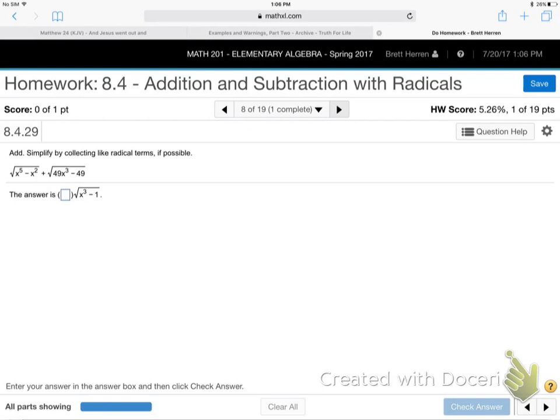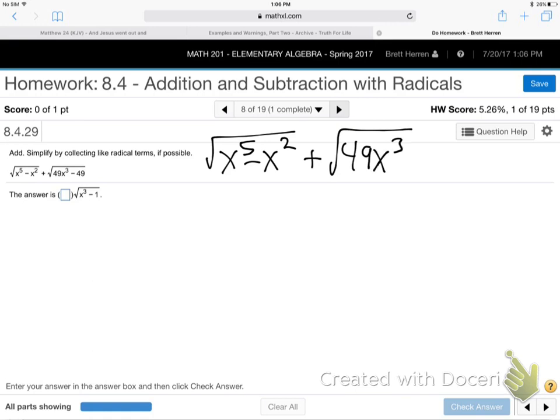Okay, so we have the square root of x to the 5th minus x squared plus the square root of 49x cubed minus 49. Try that.